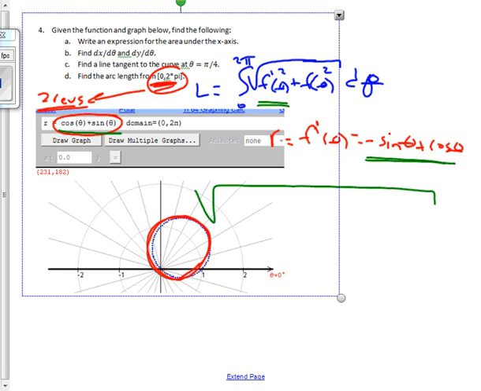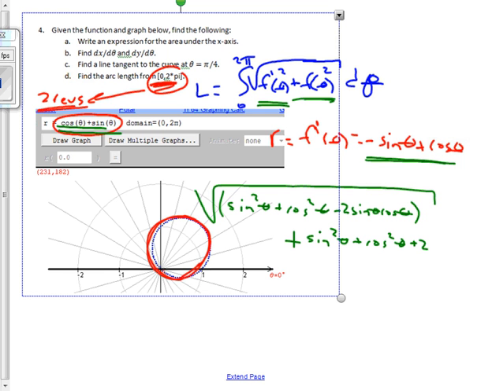When you square this, you're going to get sine squared theta plus cos squared theta minus 2 sine theta cos theta, plus, when you square just the function itself, sine squared theta plus cos squared theta plus 2 sine theta cos theta. And this is the integral from 0 to 2 pi d theta. That's what our arc length will be.